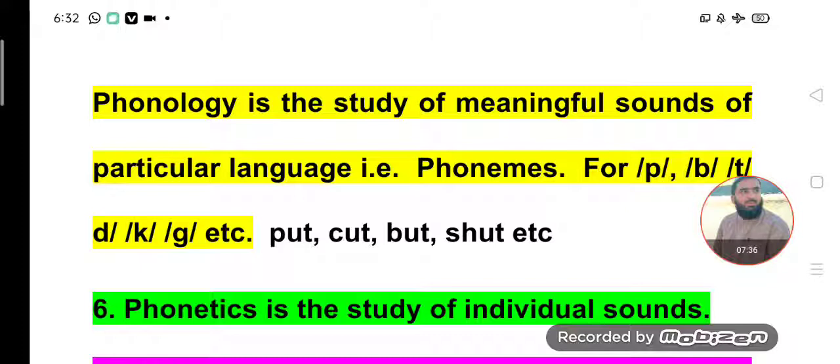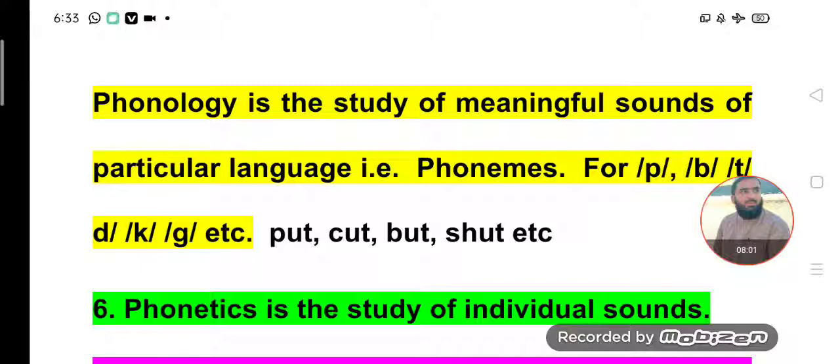So it brings changes in meaning. With the replacement of p by k, changes occur in meaning. Again k is replaced with b, so cut, but. Just with the replacement of one phoneme, changes occur in meaning.